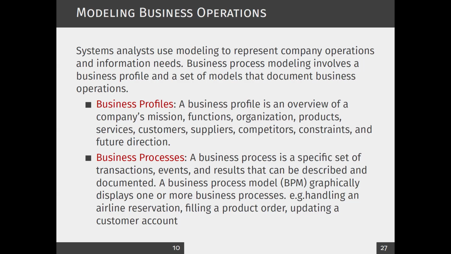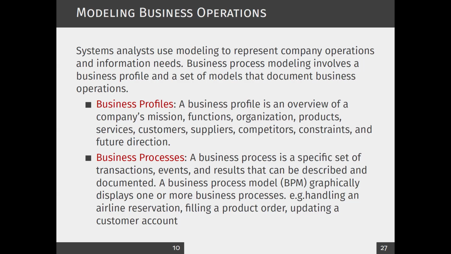Then we have constraints, like we may have to work on a budget. And then also we have to have some future directions. Right, so that's about the business profile. Any organization, you can identify this particular business profile.